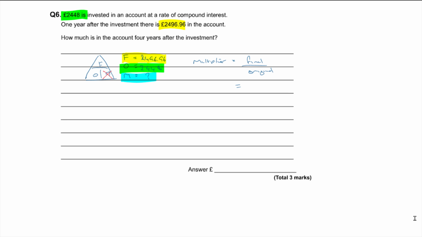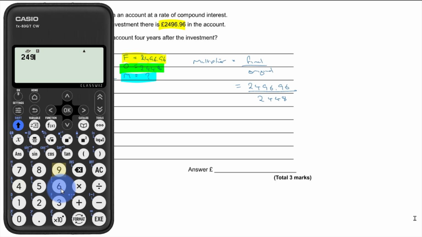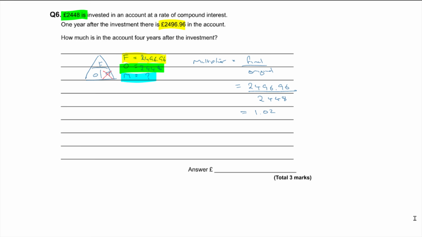In this question that is 2496.96 divided by 2448. Now I make that 1.02. So that's my multiplier. It's basically a 2% increase each year, isn't it? But I'm just going to use that multiplier in the next part of the question.